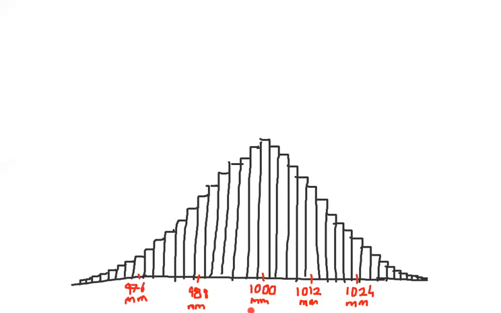Is it possible to cut each piece to 1000 millimeters exactly? Not really. Using a machine, you cannot get 1000 millimeters each time. In our example, we have 1000 millimeters and other pieces are around 1000 millimeters.